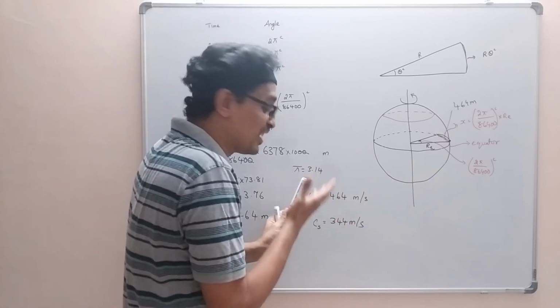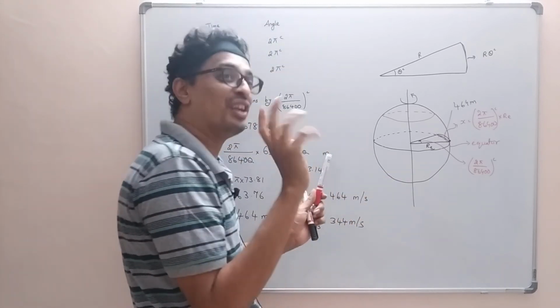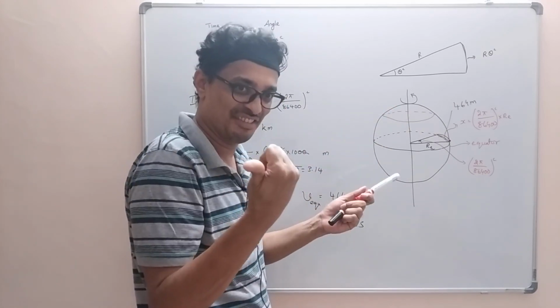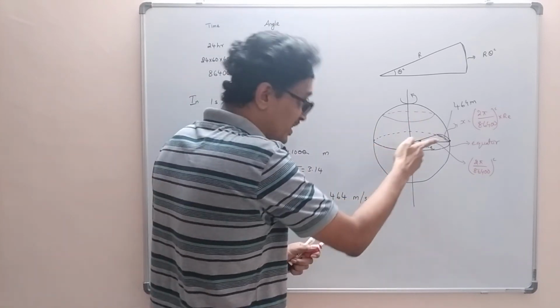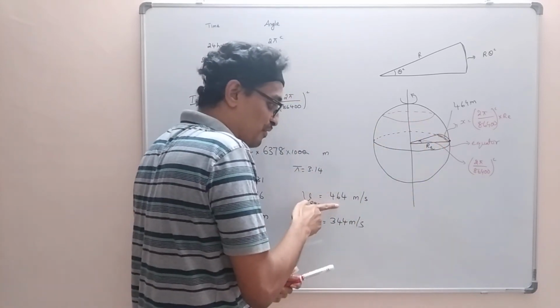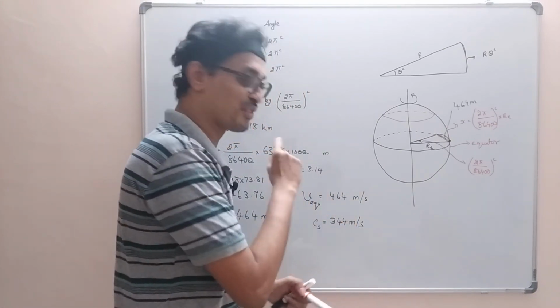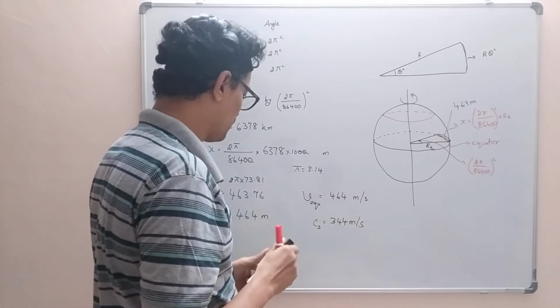Our Earth is spinning so fast. It takes 24 hours to make one spin, but compared to the size, in 1 second at the equator it's traveling at a speed of 464 meters per second. That is faster than the velocity of sound in the medium. Good.